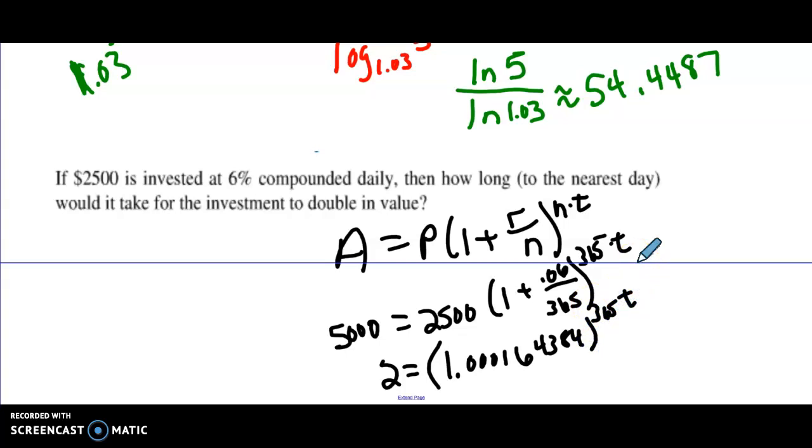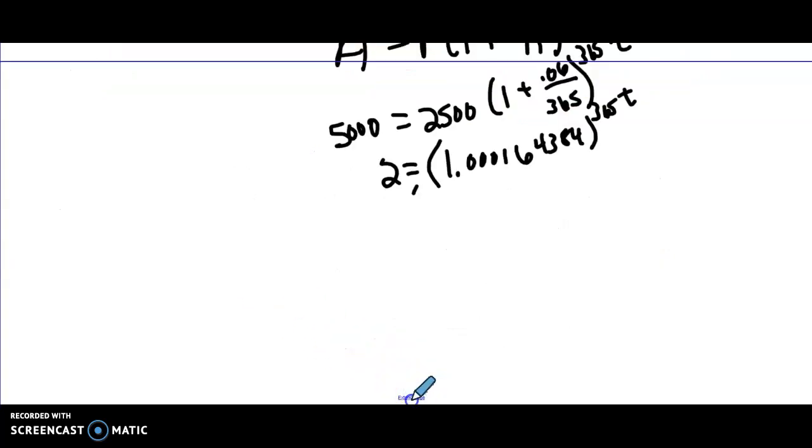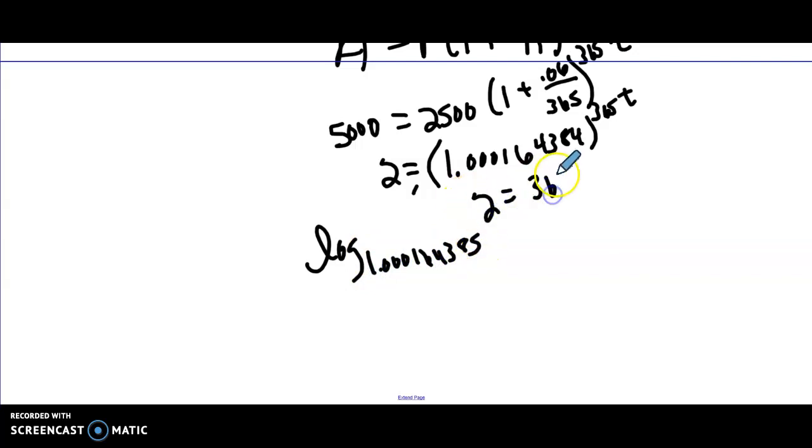Okay, our exponent has our variable in it. Whenever we have this, guys, we're going to need to solve this using logarithms. Okay, I'm going to rewrite this as log base 1.000164384 of 2 equals 365t, right?